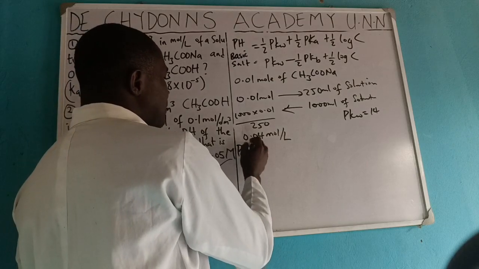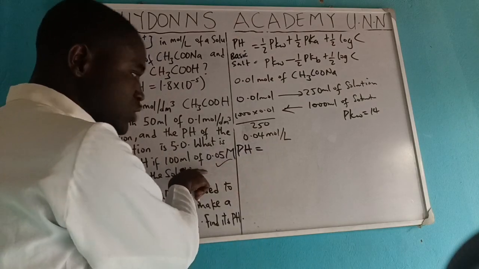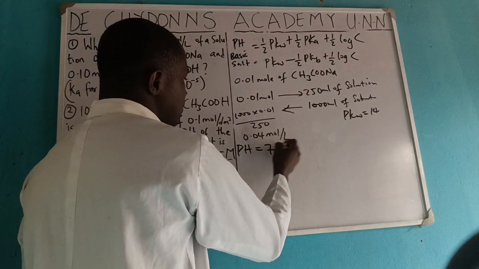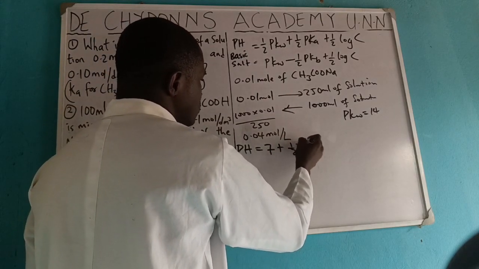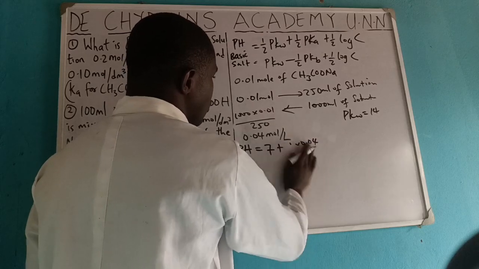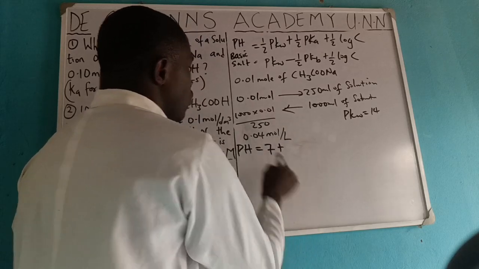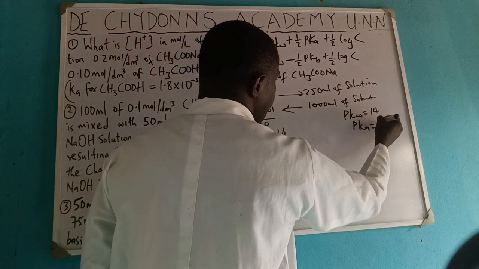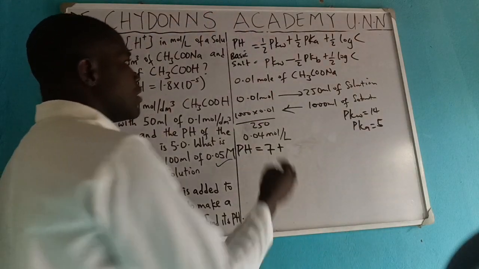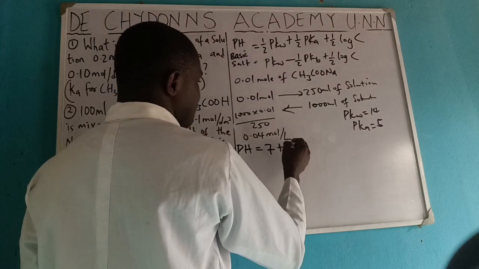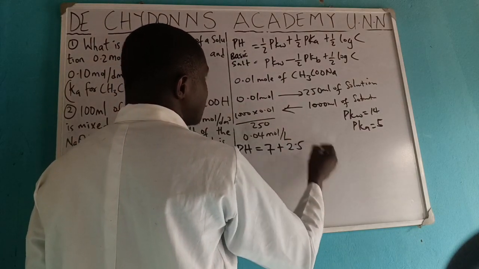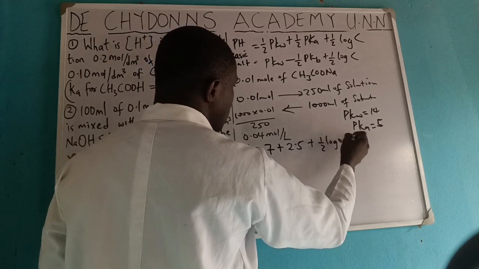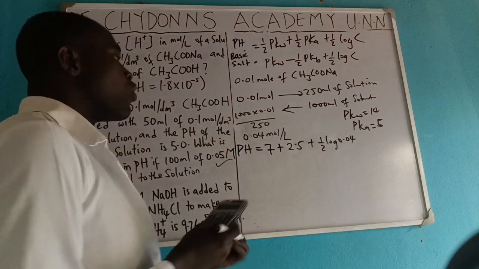So the final pH, when you add this one, will be equal to half times 14 is 7 plus half times what? Half times, what is our pKa? We got our pKa to be 5. Yes. Plus half times 5, that will be 2.5, plus half log 0.04. We'll compute it.